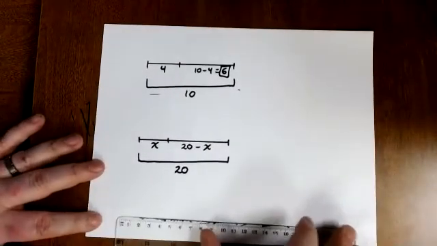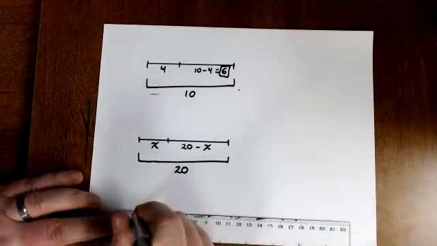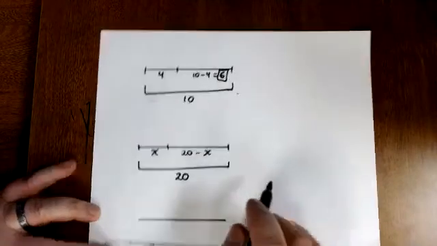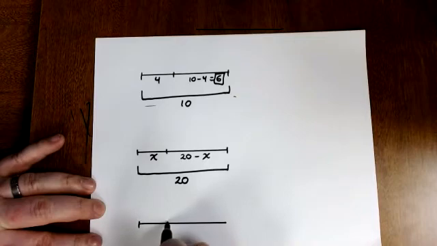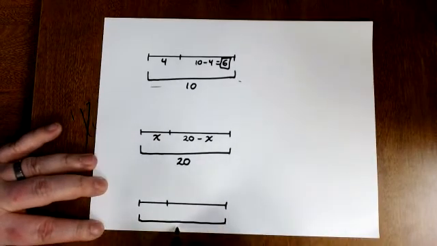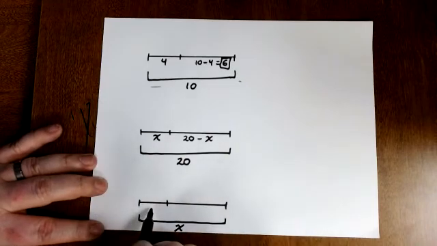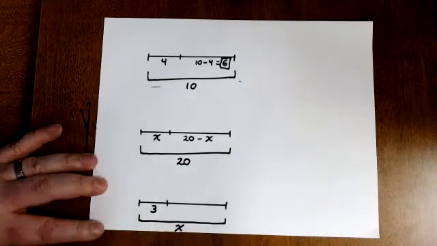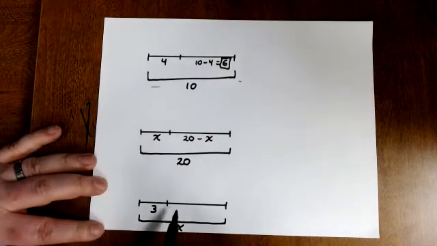So what about this one? If the whole thing is x and this is 3, what's that part?